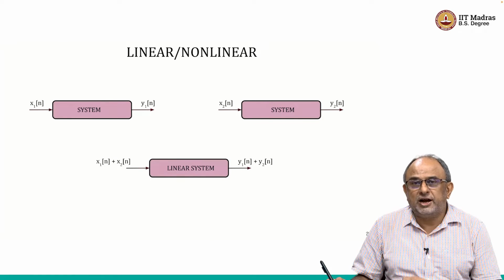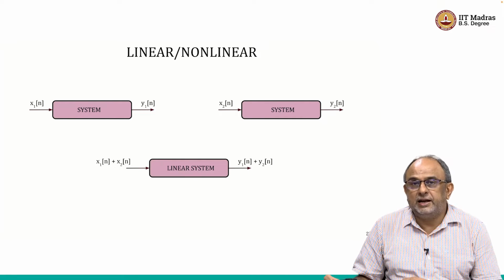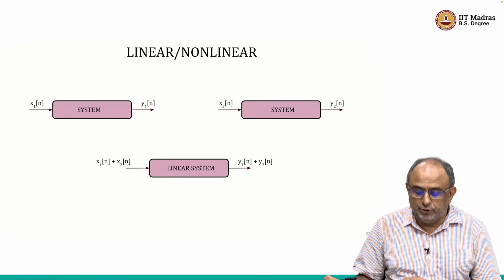One of the most important ideas is what we call linearity, right. And the basic idea is that if I have signal x1 which passes through the system and I get an output y1 of n, and I pass a signal x2 through the system and I get an output y2, then if I add these two signals at the input, if it is a linear system, one of the properties is that the output also should be the addition of the corresponding outputs y1 and y2, okay.